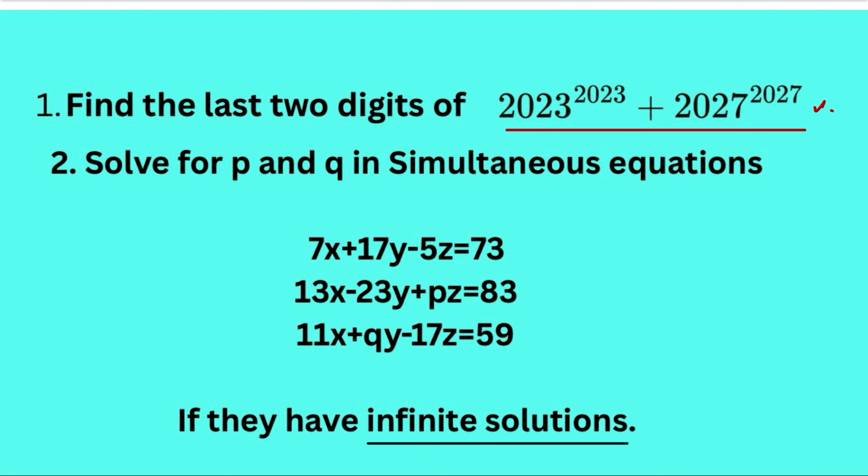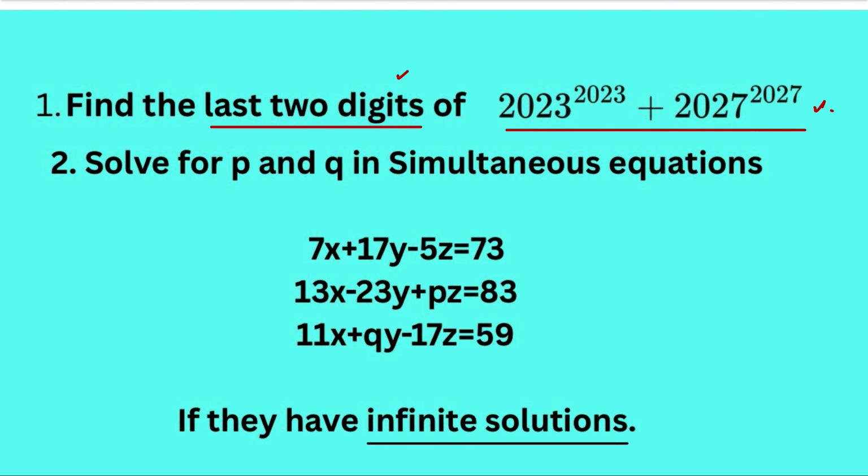The first question is made for last two digits because in IOQM and other competitive examinations like JEE Advanced also, you may have to give the numeral value of a certain question in two digits, depending upon the question being asked. I have taken two digits as the sample question here.